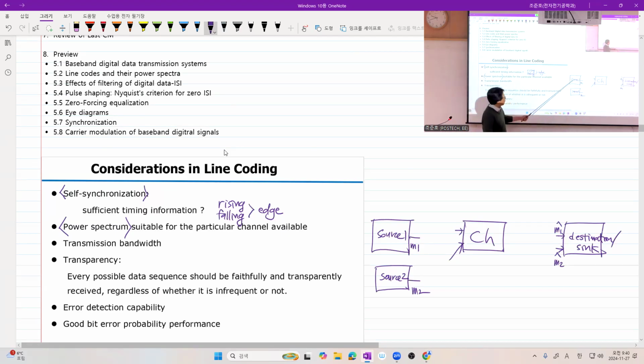Sometimes you may have 1, 2, and many sources sharing the same channel. And all the messages compete to get to the destination.